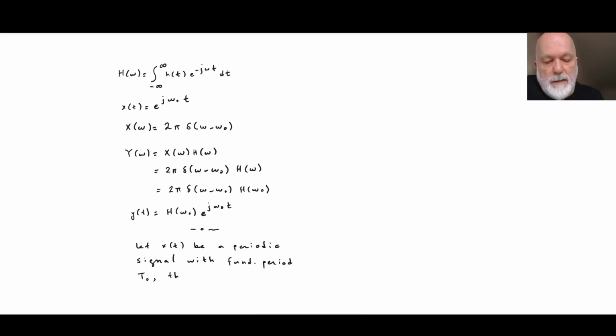Then we know that x of t will have the Fourier series representation, k running from minus infinity to plus infinity, a k e to j k omega 0 t. Here, of course, omega 0 is related to the period of the periodic signal by means of this expression.